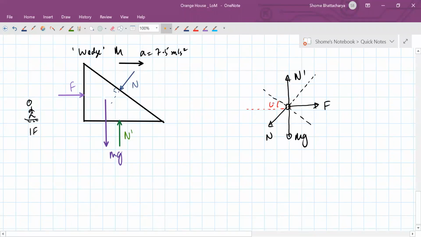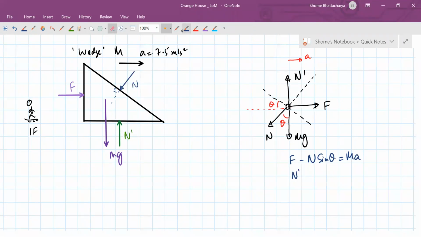So this angle is theta, this acceleration is a. So if we make it like this, we'll have to write the equation F minus N sin theta is equal to Ma, and N prime balances the sum of Mg plus N cos theta.